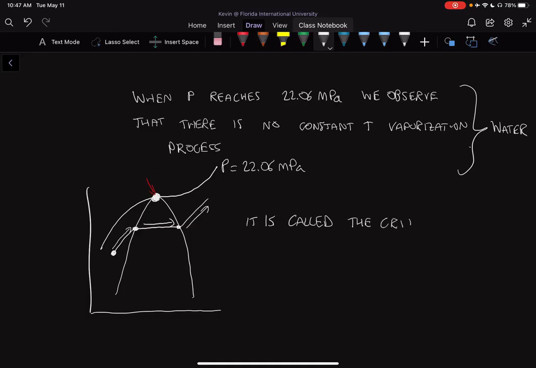This is a point where vaporization occurs instantly. In an instant, it happens immediately.